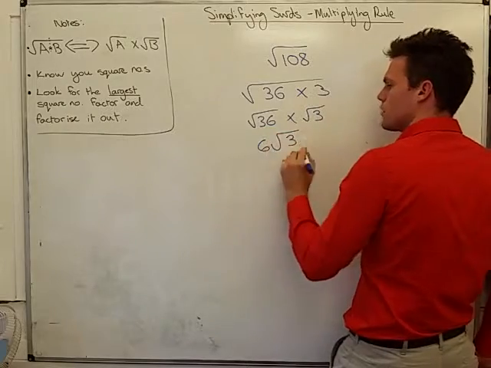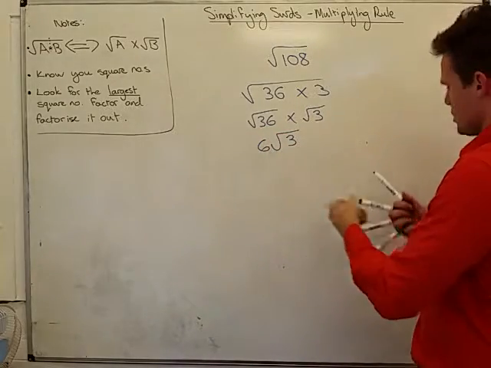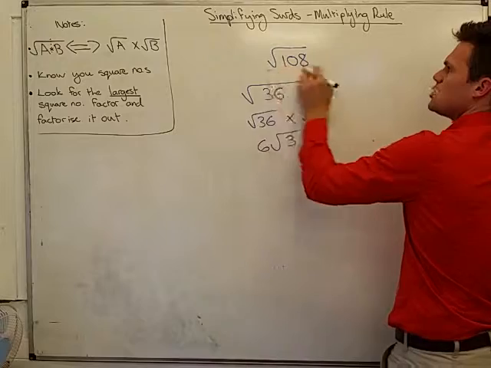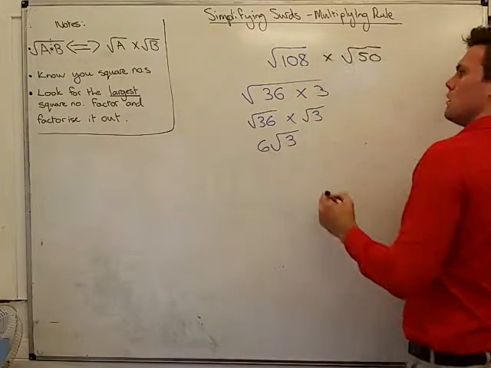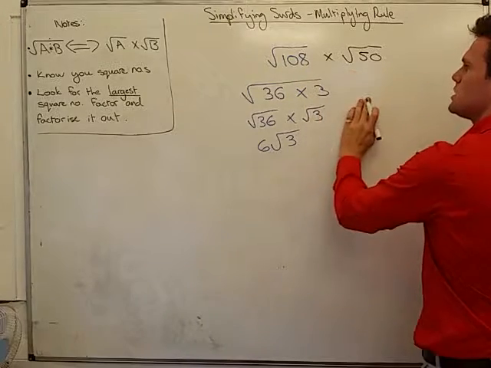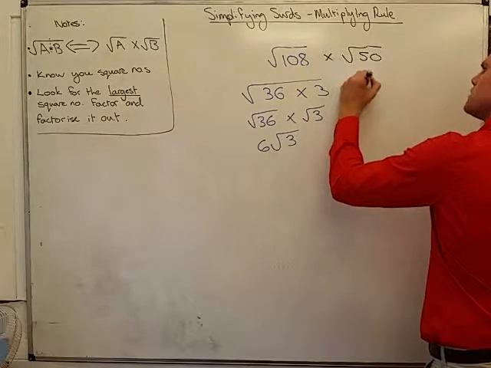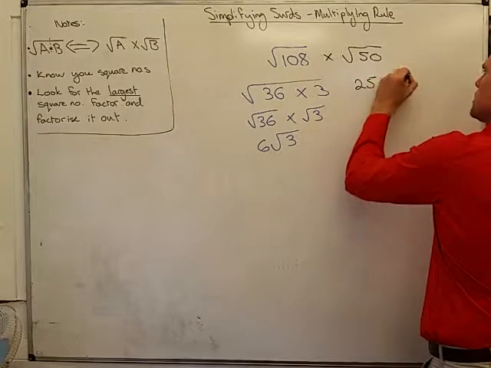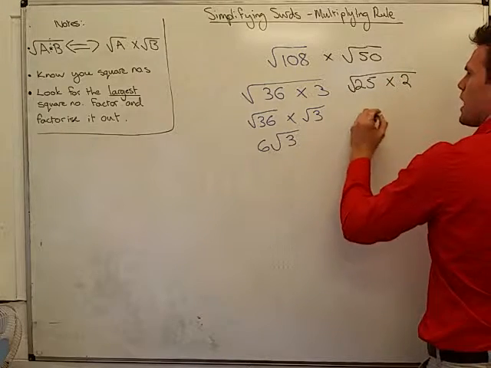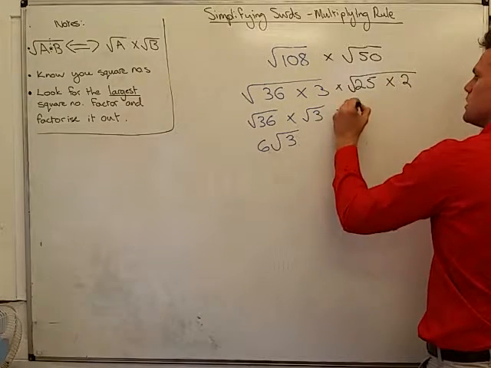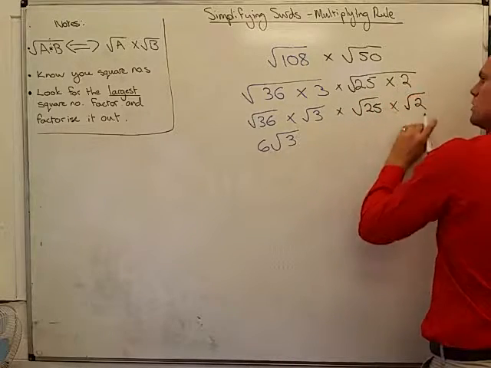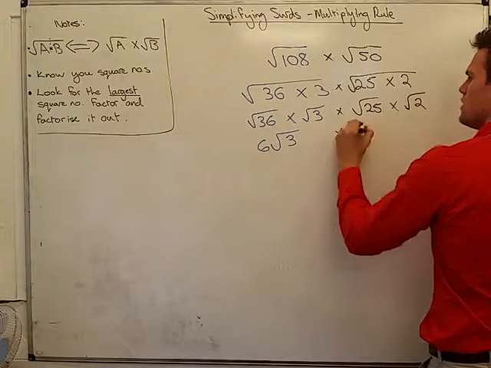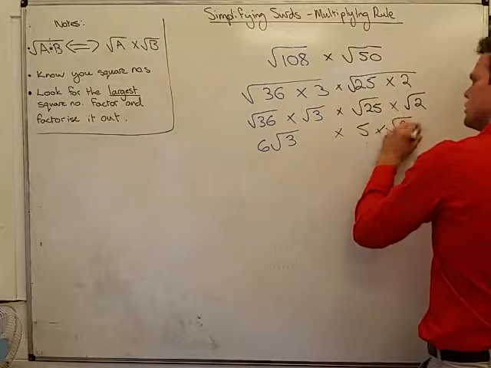At this stage, let's say instead of just root 108, it was the square root of 108 times the square root of 50. All I would do is simply treat this as two separate sums. Root 50 is root of 25 times 2. Split that up, and again I've got a times sign in between here. Root 25 times root 2 gives me 5 times root 2.